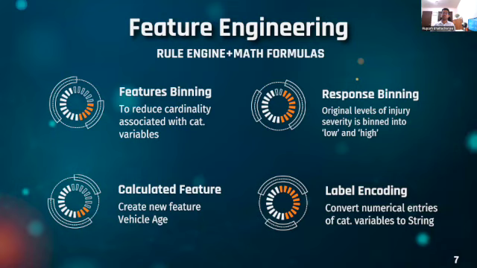We used both feature and response binning so that we are able to reduce cardinality and place the different levels of injury severity into 2 categories, low and high, so that this problem can be considered as a binary classification problem. In addition to the existing variables, we also created a new variable called vehicle age by subtracting the model year of the vehicle from the current year, 2021.